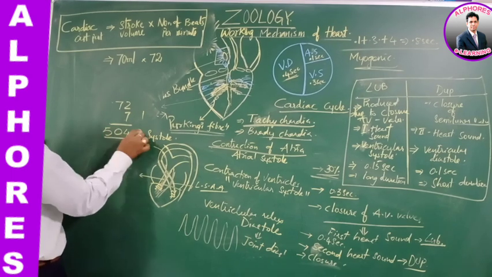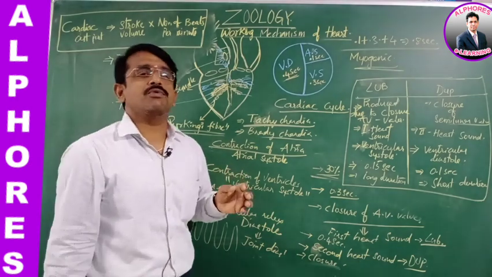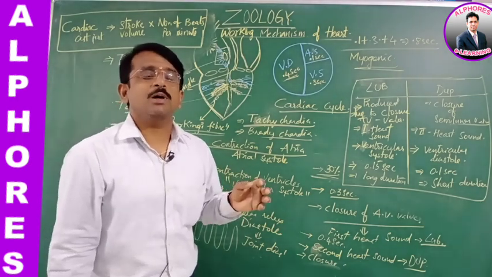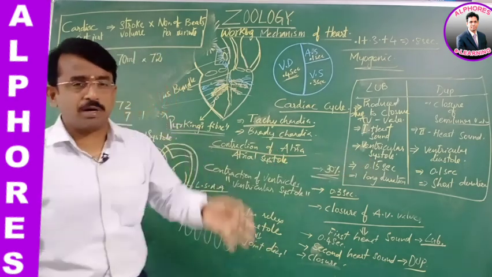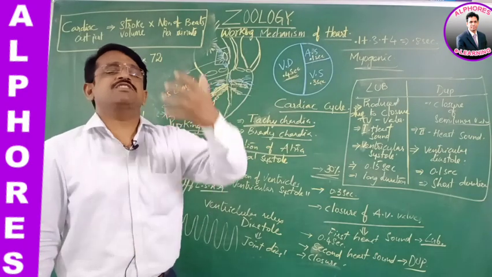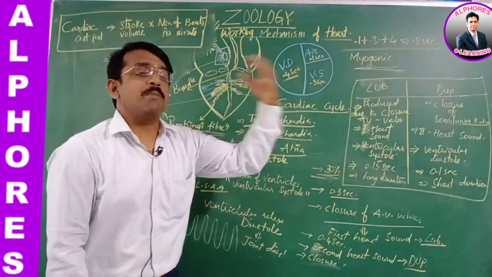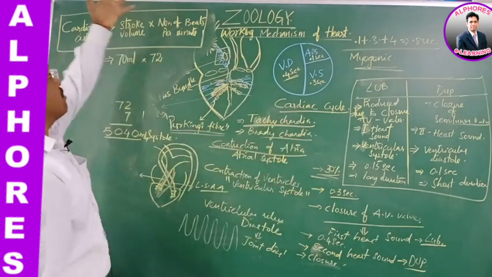So 5040 ml. What does 5040 mean? 5040 milliliters, nothing but 5 liters of blood, means per minute the blood collected from the entire body is pumped to different organs by the heart. That's the cardiac output.